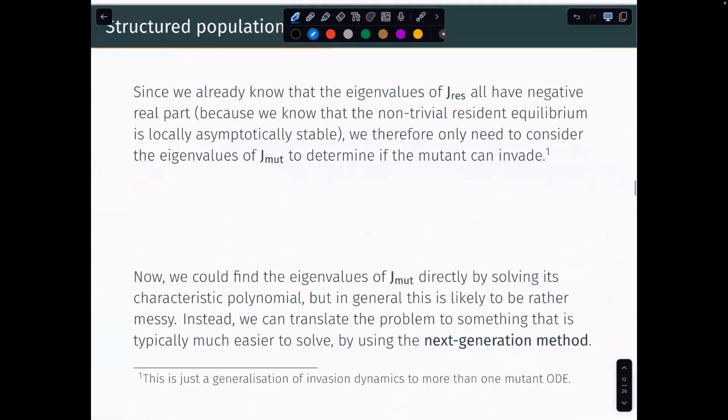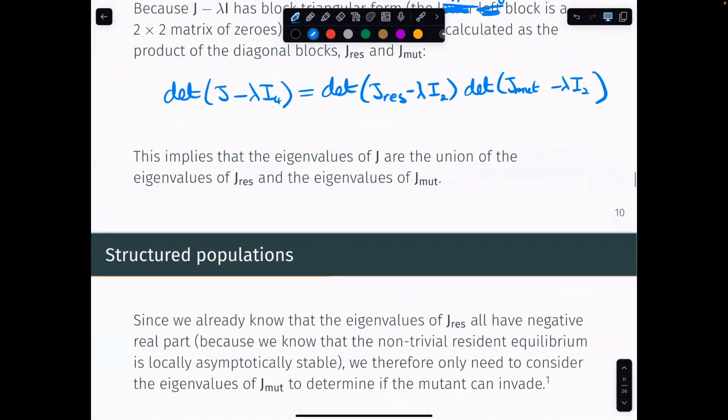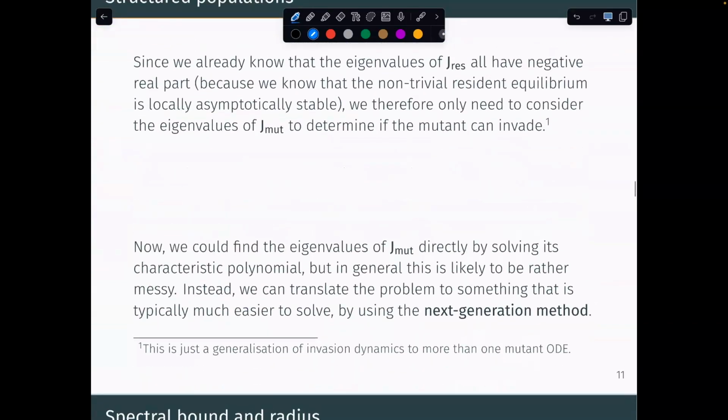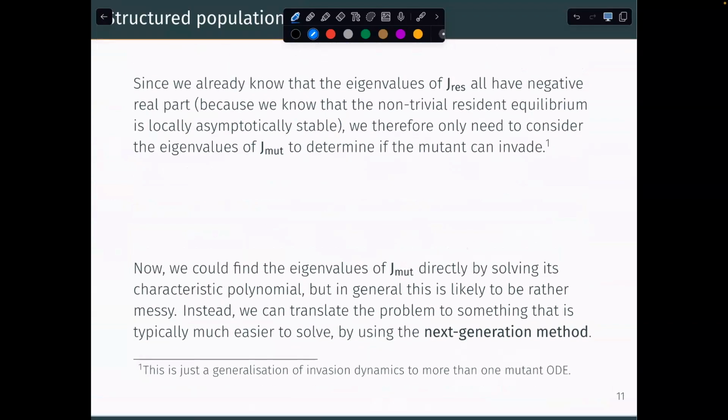So we know that the eigenvalues here are going to have negative real part at least. That means we only need to consider the eigenvalues of J mut to determine if the mutant can invade. This is just like we did in our invasion dynamics before, when there was just one equation.